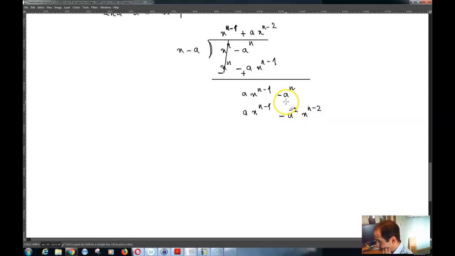Now if I subtract, negative becomes positive, these two will be cancelled out, and then you have a squared x raised to the power n minus 2 minus a raised to the power n.